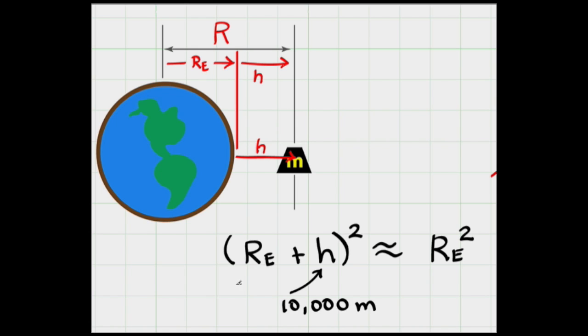And the reason is that this number is on the order of 6.4 million meters. So when you add a number like 10,000 to this and square it, it's just as if you could neglect this height.